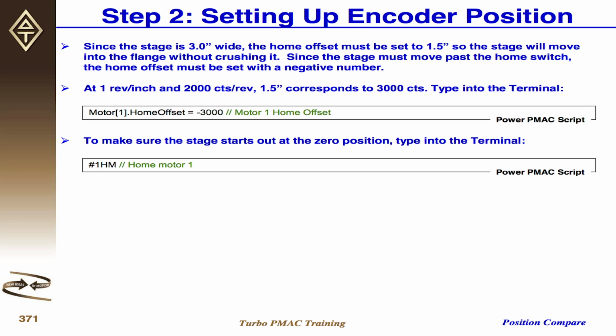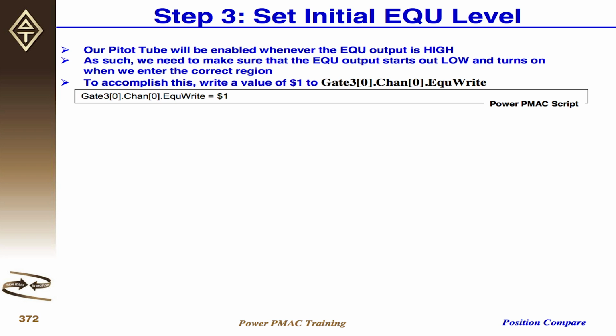And now that I've set my home offset, it's safe to just home the motor outright, and it should, if we were using the actual system, move such that the instrument is centered on our home switch. The next step is setting up that initial EQU level.